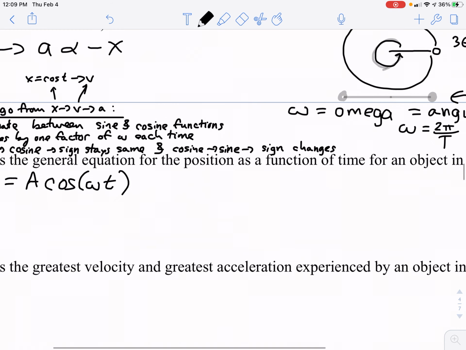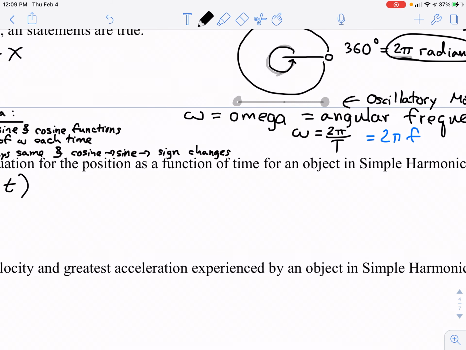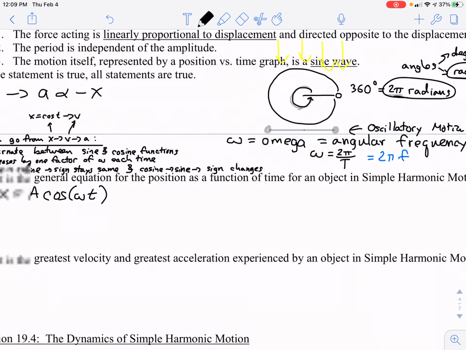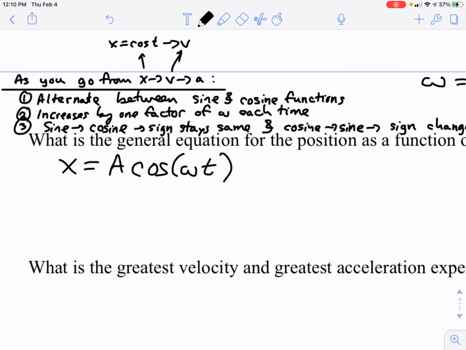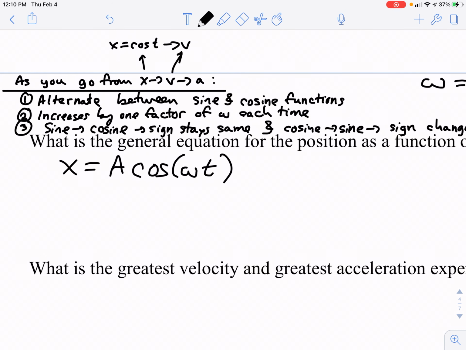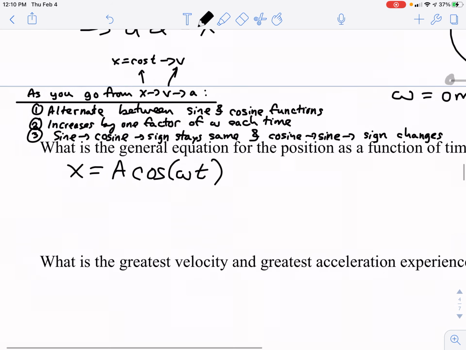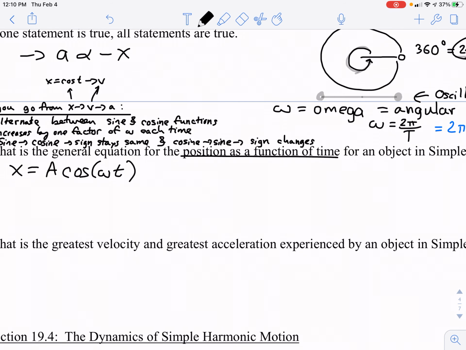Now remember, omega is this thing here of 1 full revolution times the frequency of oscillation, known as the angular frequency, or 1 full revolution divided by the time it takes to do that revolution. So that's what omega represents right there. Time is the variable, so this is position as a function of time. Okay, and that's what we're doing here, position as a function of time.